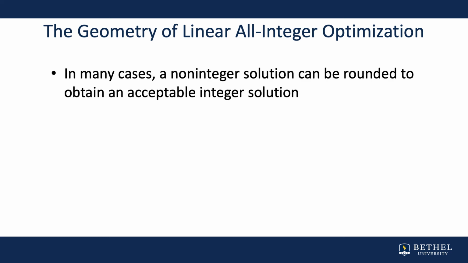In many cases, a non-integer solution can be rounded to obtain an acceptable integer solution. As we learned to round numbers when we were in middle school and elementary school, or even high school when we did math, we always rounded those numbers up. However, as we learned when we were doing regression analysis, anytime you're making an estimate of a number versus its actual number, there's error involved. In this case, because we're doing integer linear programming, the error that would be involved by rounding up or down could make sure that you don't have the optimal solution.